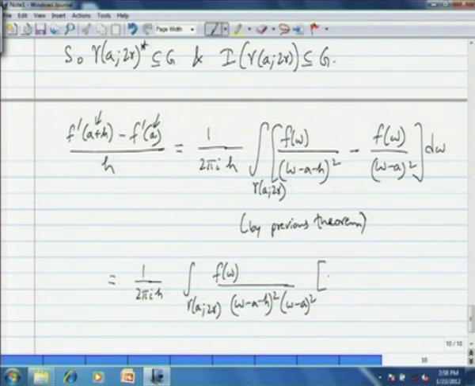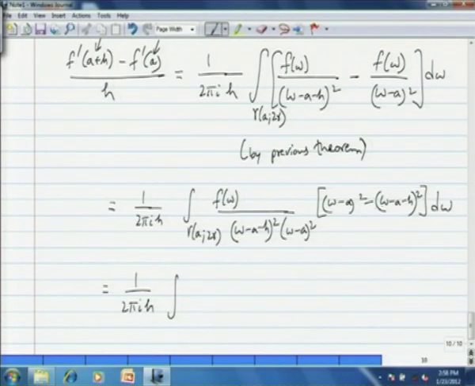I took the common denominator, and then I have w minus A squared minus w minus A minus H squared, dw. There is some cancellation when you expand these squares. So, w squared cancels with w squared here, A squared cancels with A squared, and 2Aw also cancels.